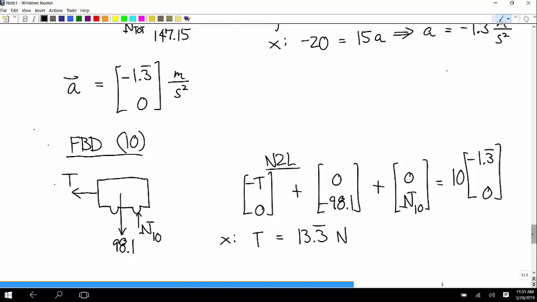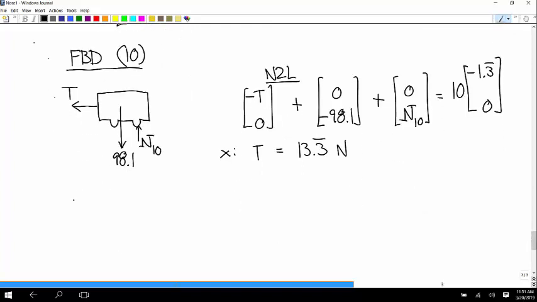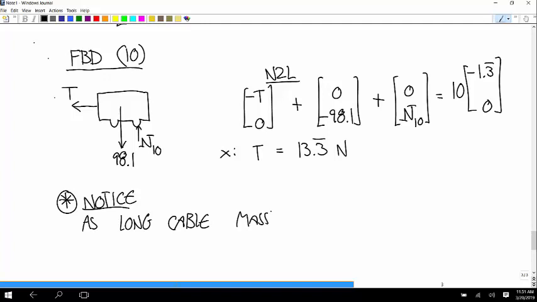Okay, one more thing, and this is really the end. So notice, as long as the cable is massless, which we're always going to make that assumption, and between the two endpoints, it only touches massless and frictionless pulleys.